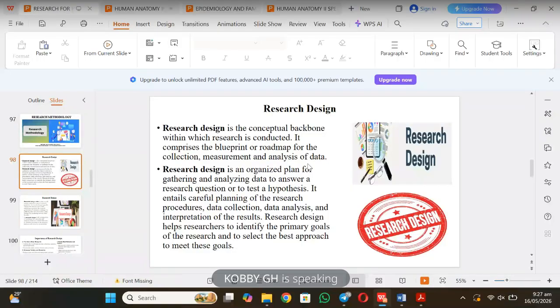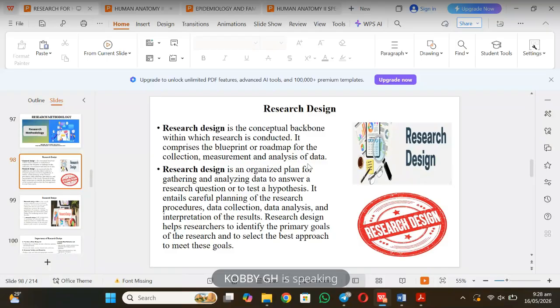So for a retrospective study, you are looking backwards in time. You see, in a cross-sectional study, you are looking at now. You are collecting your data now. In retrospective studies, you are collecting your data from the past. That means that you review past records. So if you go to your hospital and you want to do a retrospective study, what it means is that the records are already there.